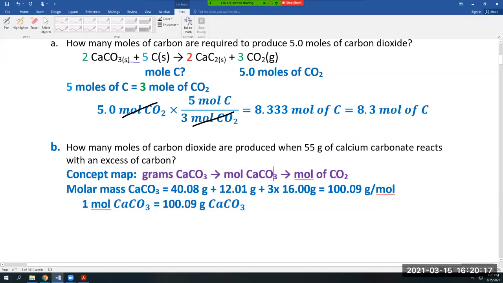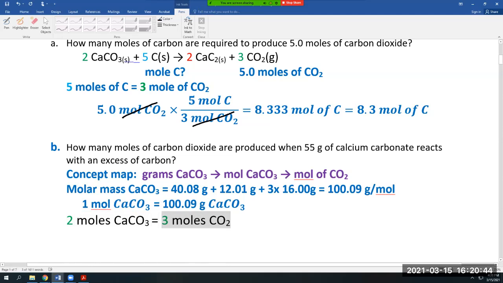Next, we will need to change the moles of CaCO3 to moles of CO2. And for this, we will use the chemical equation. And the chemical equation up there tells you that 2 moles of CaCO3 are making 3 moles of CO2. So we can write it like this. 2 moles of CaCO3 are making 3 moles of CO2.